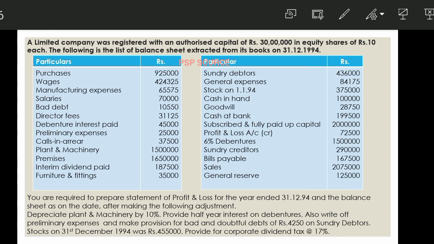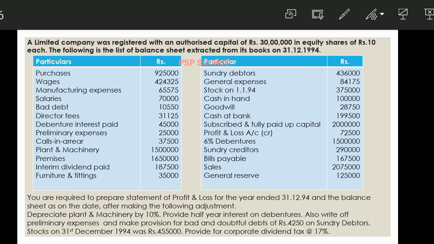Next, debenture comes under long term borrowing. Trade creditors means bills payable, which also come under trade payable. Sales means revenue from operations. General reserve comes under reserves and surplus.